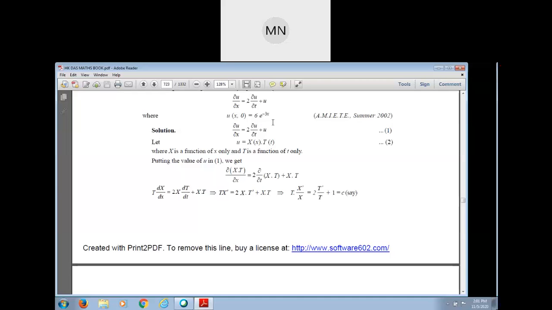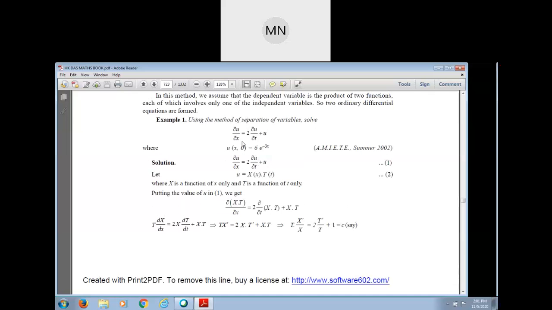Okay, ma'am. And the next, tell me in which line you are confused. Do you understand this line? You have just put the value of u in the original equation. Here u is what? X into t.